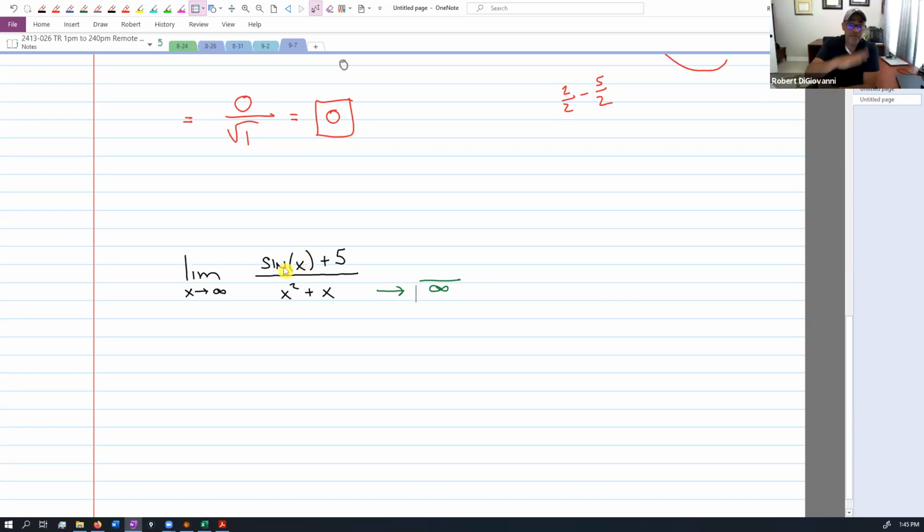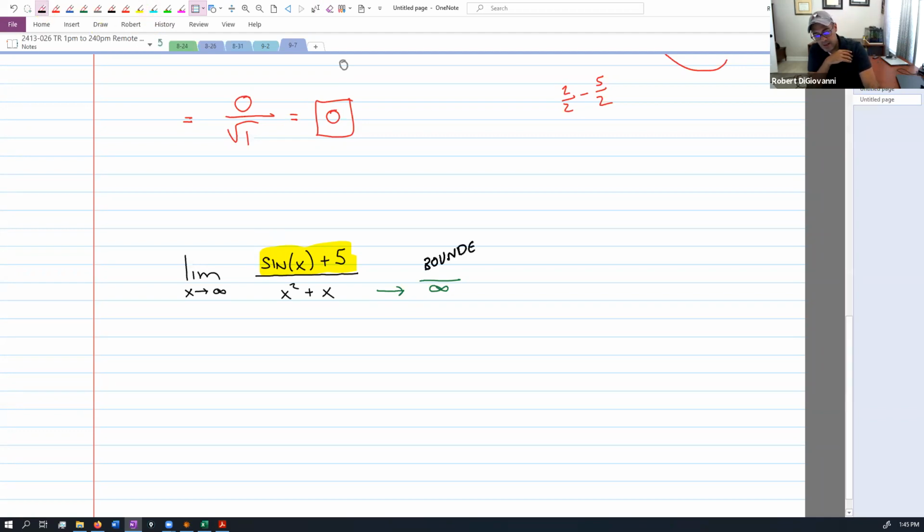So when we add 5 to that, think about what that numerator is if I asked you to graph it. Wouldn't that be a sine function that you shift the whole thing up 5? That's all it would be, right? And so that's always going to be bounded, right? The numerator is bounded and the denominator is infinite.